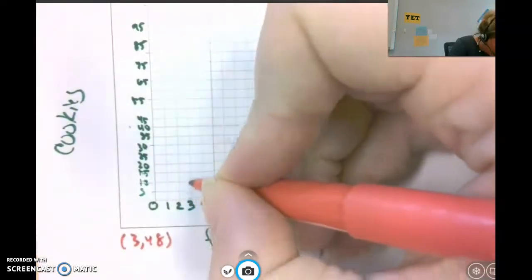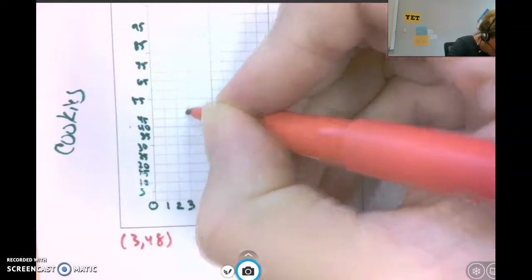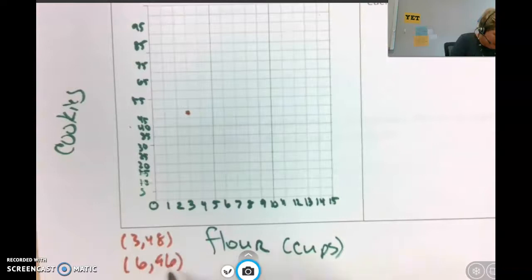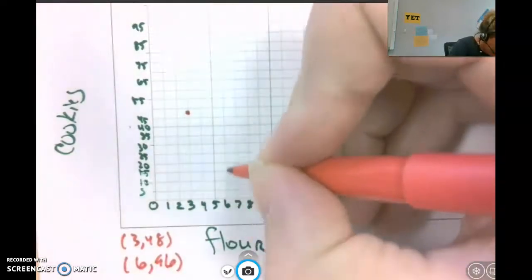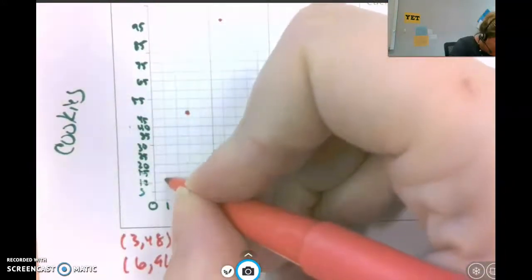I'm going to go to 3 and then to 48, so that's right past 45, but not quite to 50. And then the next one, (6, 96), that was if I doubled it all. Then I had (1, 16), and I had (0, 0).